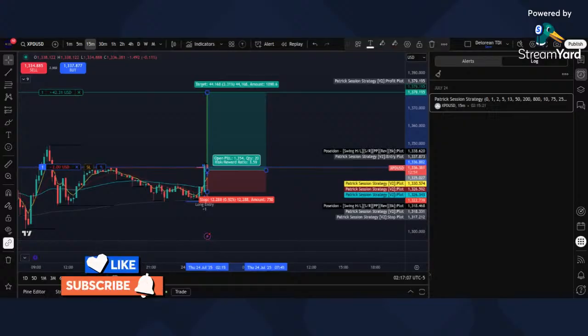Take profit is 1379.195. It's going to be for a whopping 44,168 pips. Stop loss is going to be 1322.739. That's going to be for 12,288 pips.